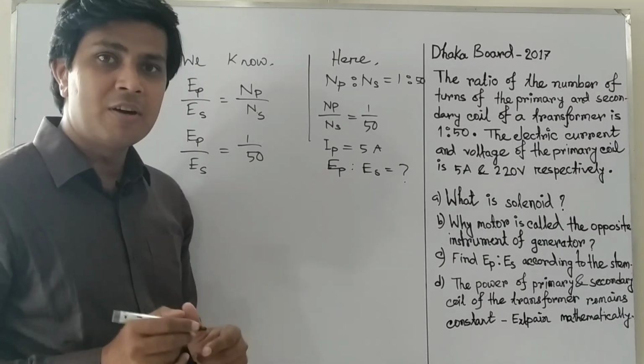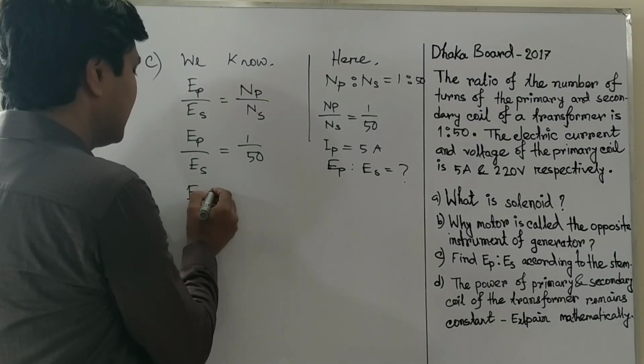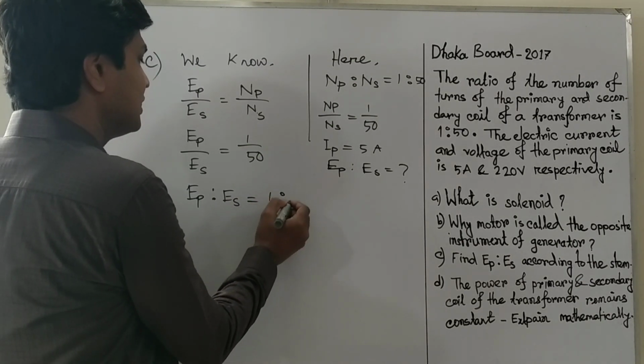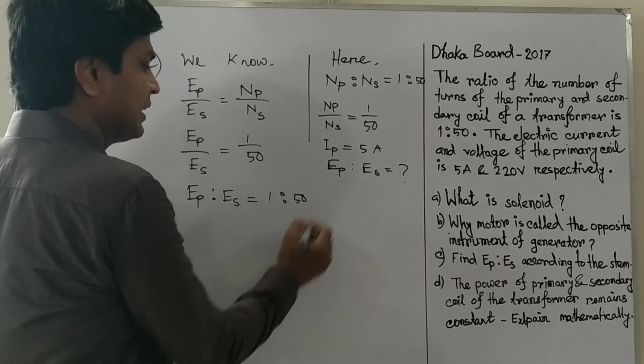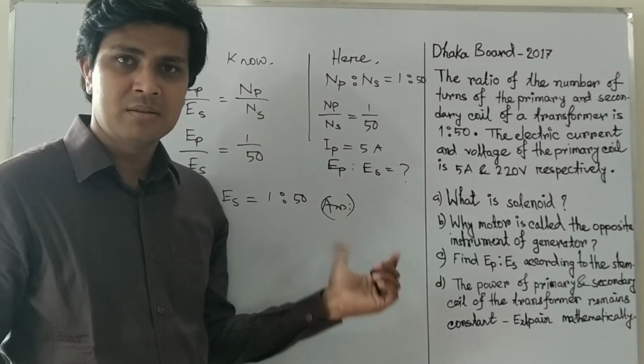So where is the ratio of EP and ES? Obviously it will be EP to ES equal to 1:50. That is the answer. That is very easy math.